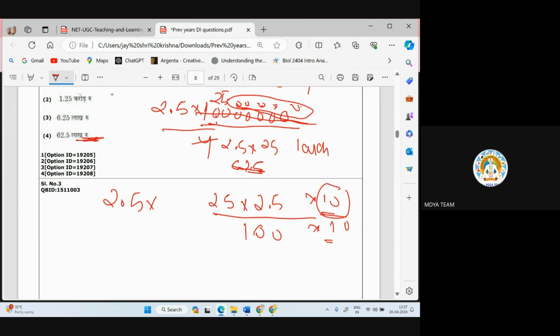To equalize both values in numerator and denominator, we have to multiply both sides. But here we are not doing this. Yes, sir, got it. The value is already in crore. Okay.